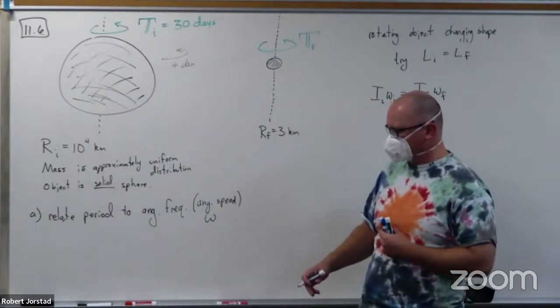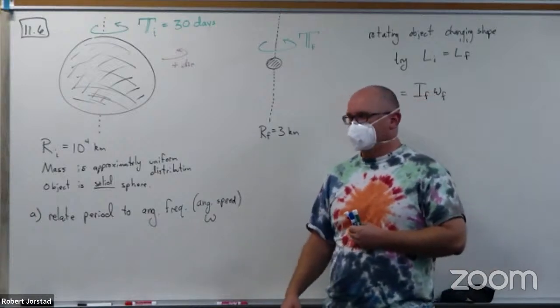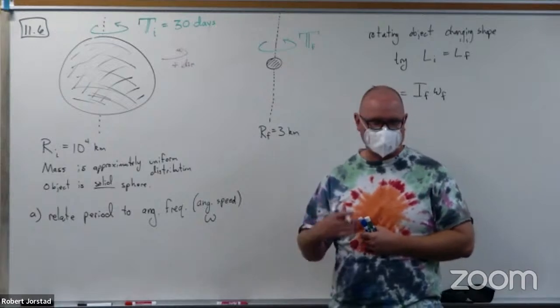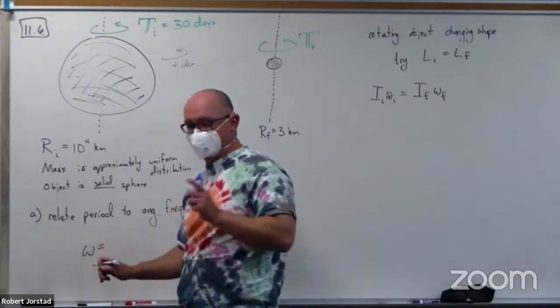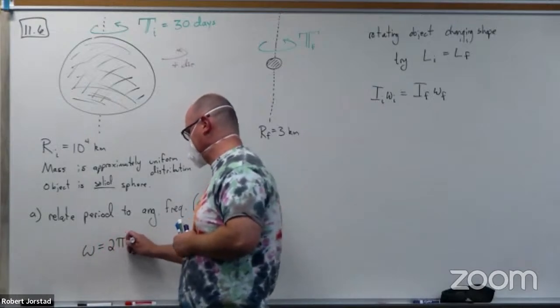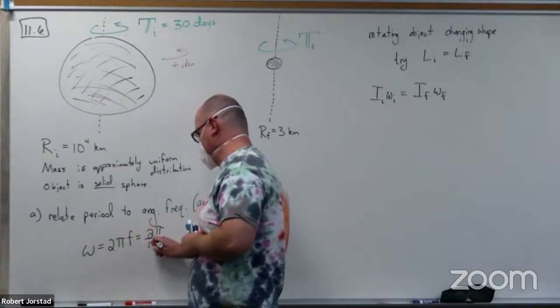Does anybody remember the relationship that we used 5 weeks ago when we were doing circular motion back then? If you don't, I'll tell it to you. This is not written on your equation sheet, so you got to memorize this or tell yourself to write this down. We use this a lot.